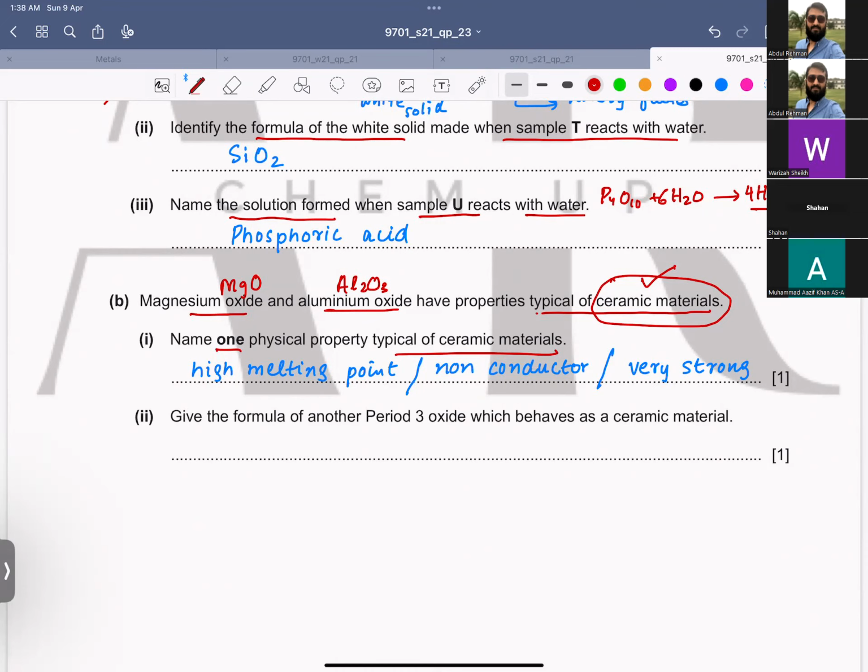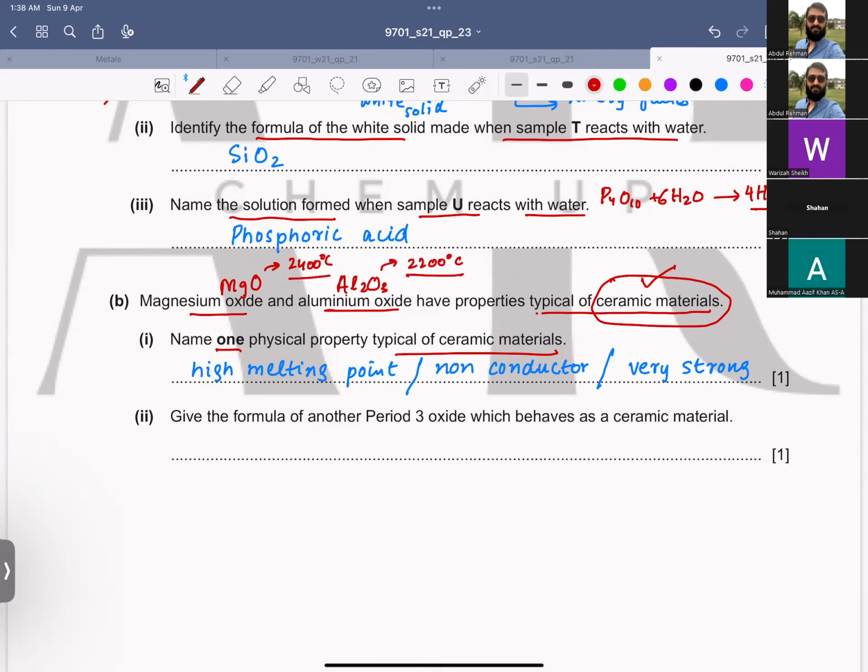For example, when we look at the melting point, I'm not talking about the boiling point, its melting point is around 2400 degrees Celsius and the other is around 2200 degrees Celsius.